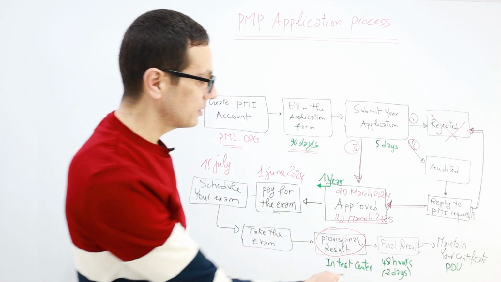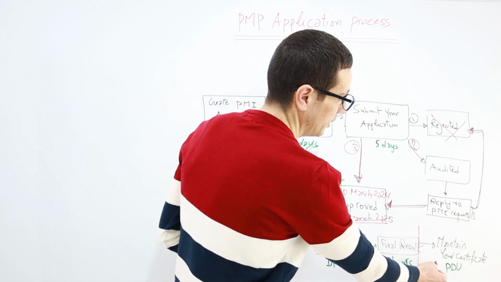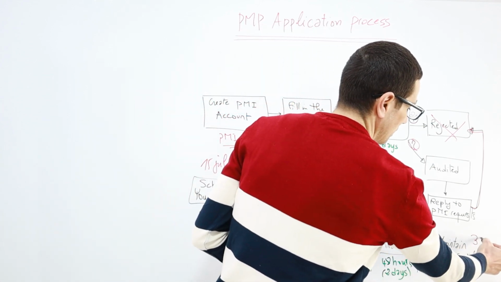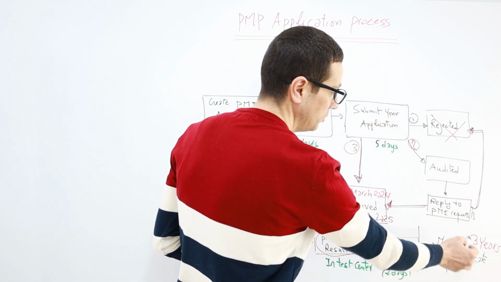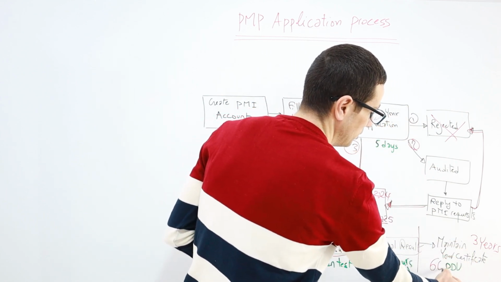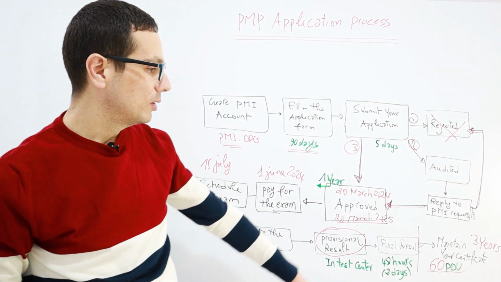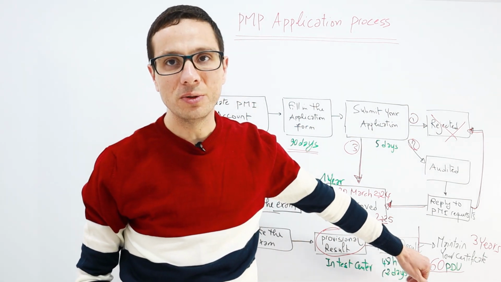And once you get the result, you will be certified here, and you need to maintain your certificate. Every 3 years, you need to get 60 PDUs, professional development units. I will make another video specific for PDUs.